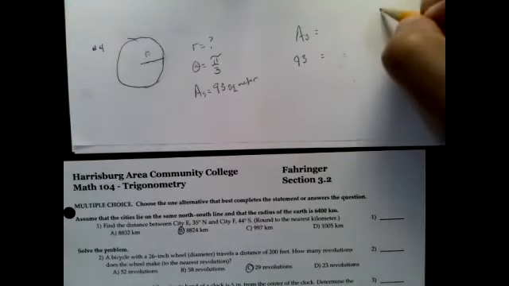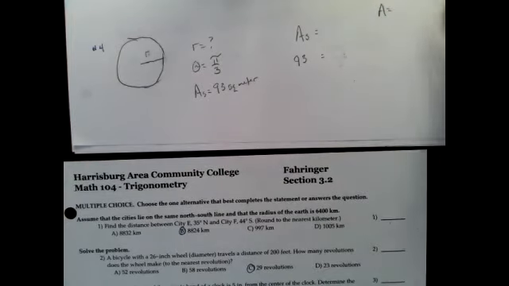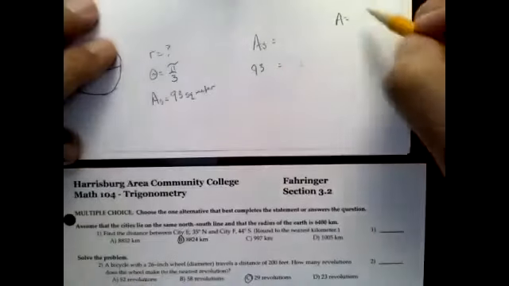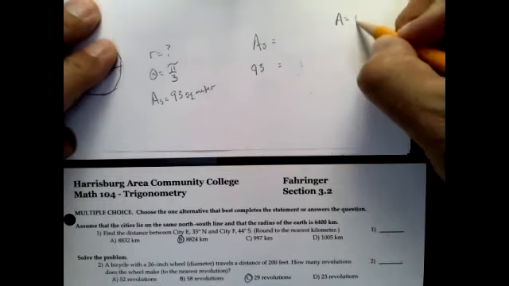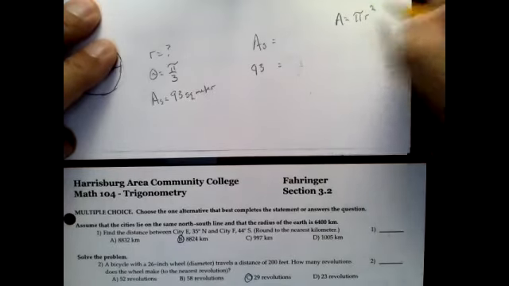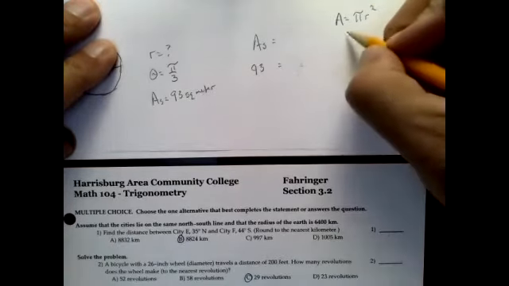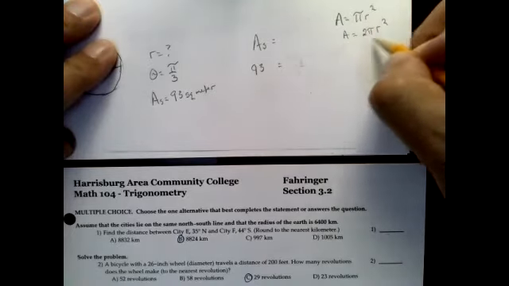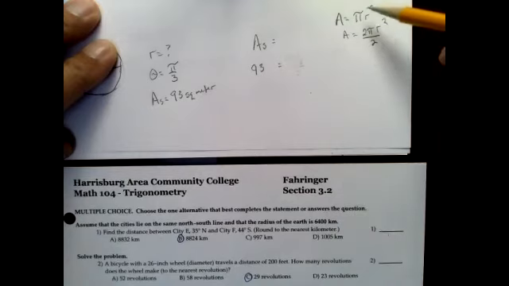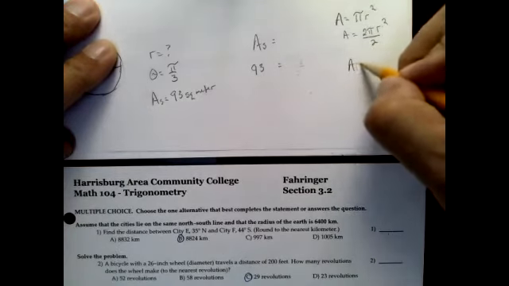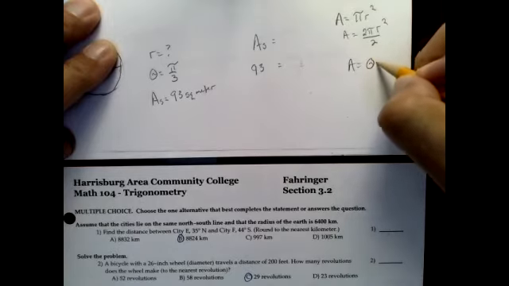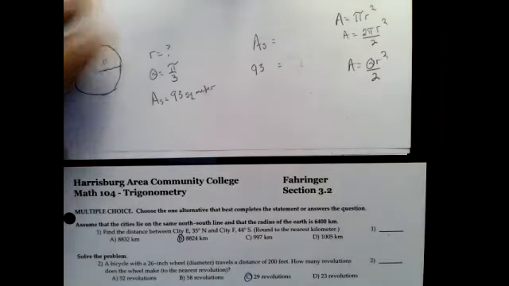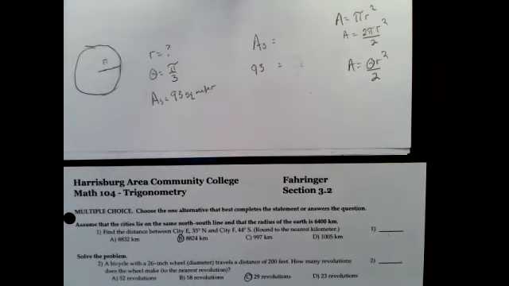Let's see, the area of a circle was pi r squared. And when I worked on this, I went 2 pi r squared divided by 2. I multiplied top and bottom by 2, and then I replaced the 2 pi with theta. So when I wrote my formula up above, I put in a pi instead of a theta.